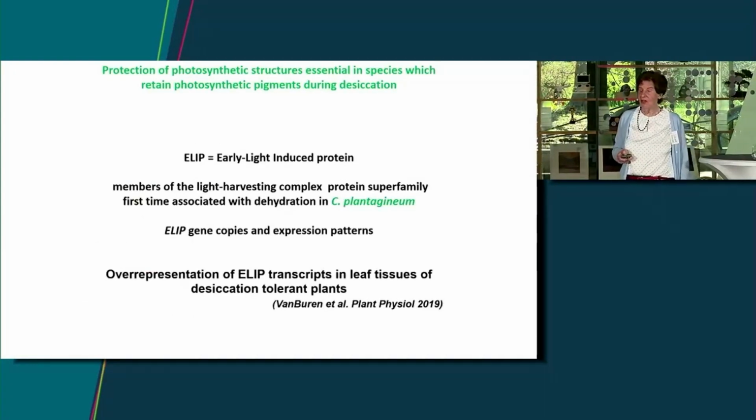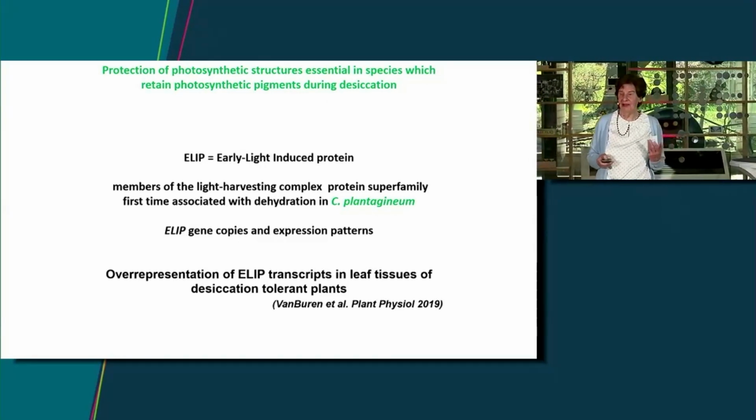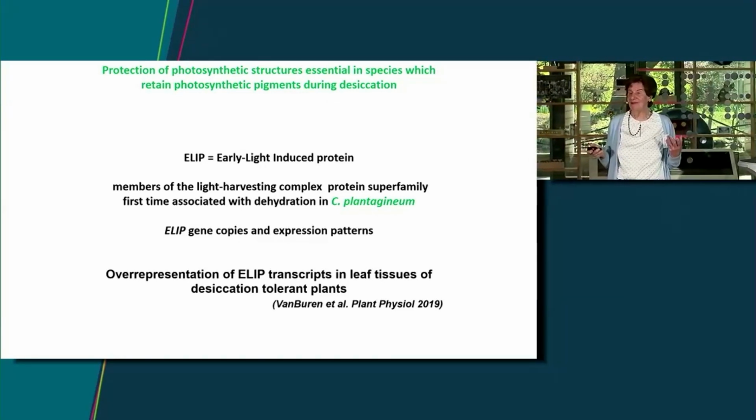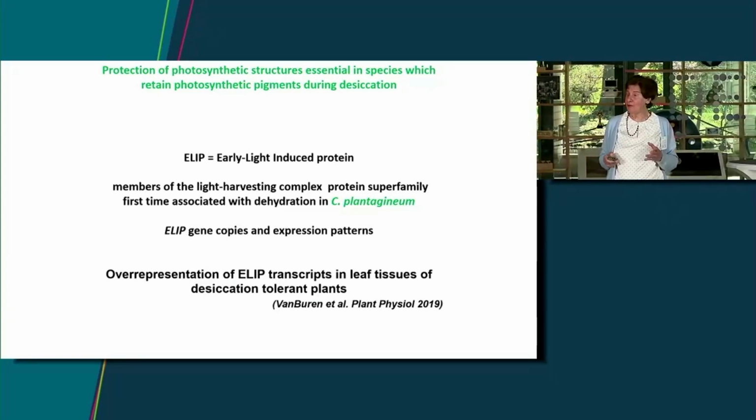So now I would like to turn to another group of proteins. So I told you that the resurrection plants have the problem that, I mean, not all of them, there are two different groups, but the groups of resurrection plants with which we work, they retain part of their chlorophyll. So they still absorb light while they're sitting there in the desiccated state.